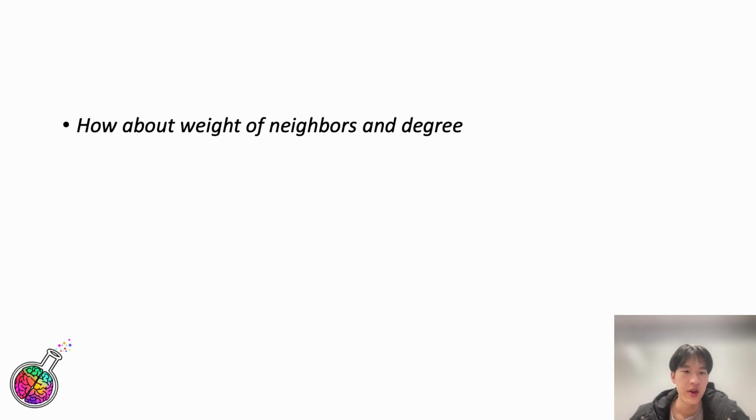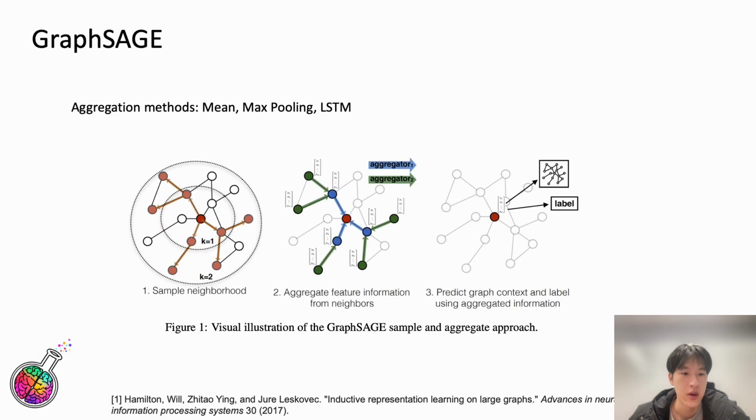So we discussed the neighbors and the degree information respectively. How about if we combine them together, will it be possible to develop a better algorithm? GraphSage has 3 kinds of aggregation methods, which are mean, max pooling, and LSTM. Mean is the most simple one, which calculates the mean value.